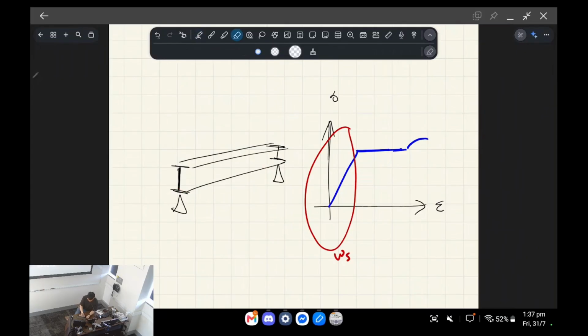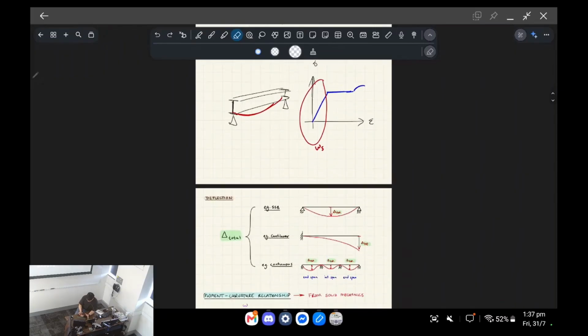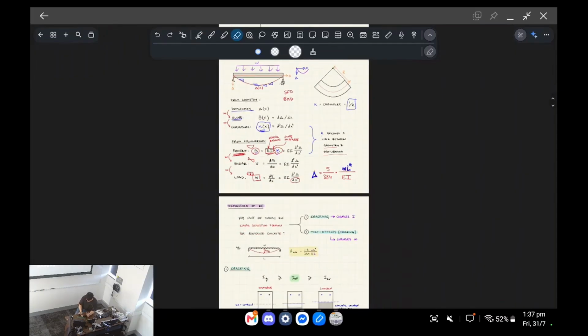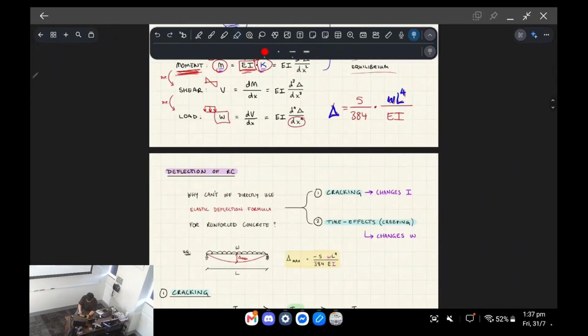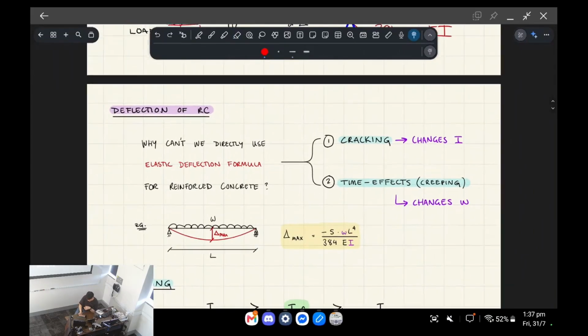That's what elastic deflection is. So steel would be an example of something that you would treat with elastic deflection, and that's pretty much your only consideration. For concrete or reinforced concrete, there are two things that make it more complicated.